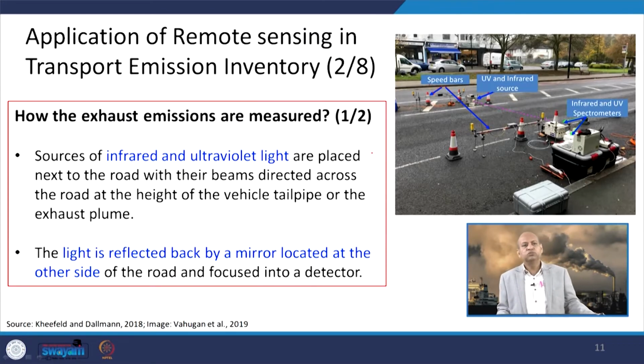As for how it is measured, sources of infrared or ultraviolet light from the instruments can be put across the road. You can see here that these lights are placed next to the road with their beam directed across the road. When a vehicle passes, the beam can penetrate through the plumes, or emission streams.